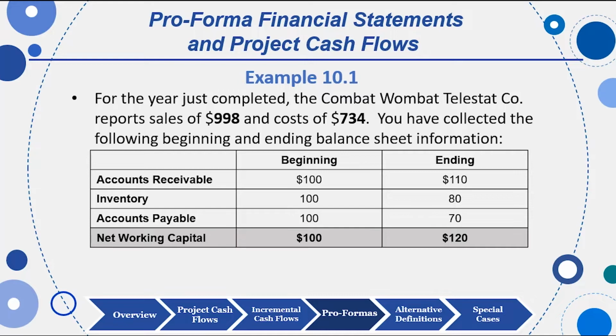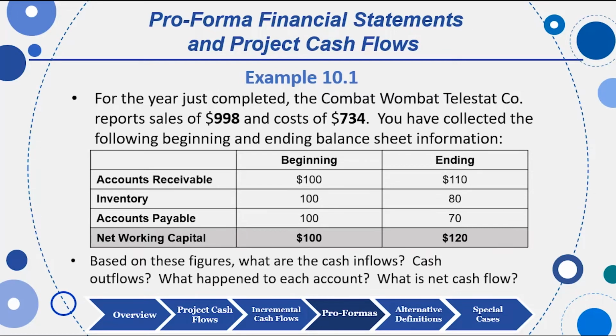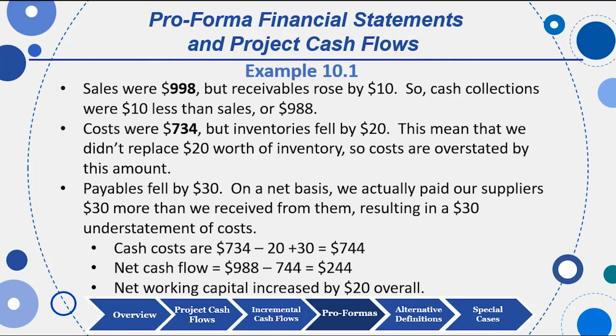And on the balance sheet, I'll have some inventory actually going down, and I'll have my accounts payable also going down. So I have to adjust my sales and cost for those changes in inventory and changes in accounts payable. So you can see on my sales, my cash collections are $10 less. I'll reduce my sales to $988, and my costs were $734, and that's been overstated by $20 of inventory.